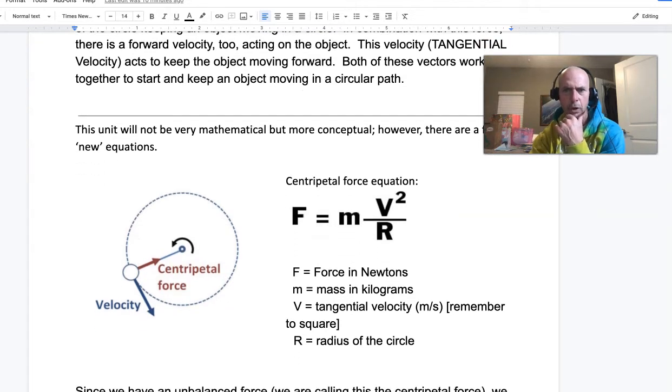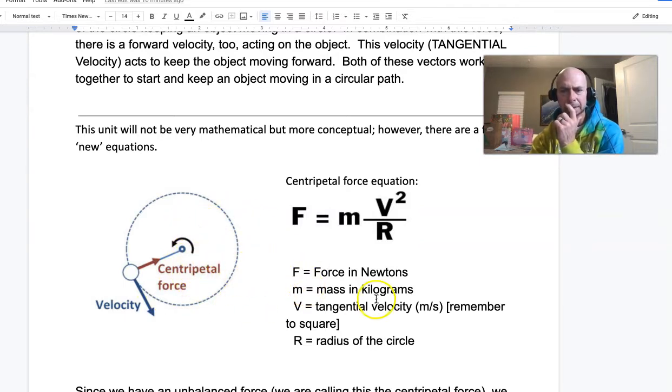This first one is called the centripetal force equation. So this F sub c, this centripetal force, to keep that object constrained in a circle, can be calculated with this equation, and that m stands for mass. So for example, if my object is heavier, it's going to take me more force, more tug to keep that object on that string.